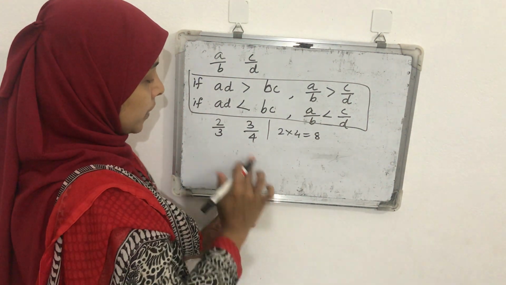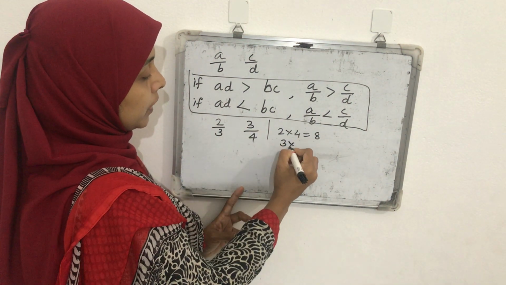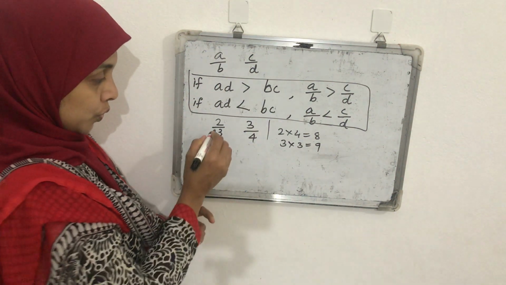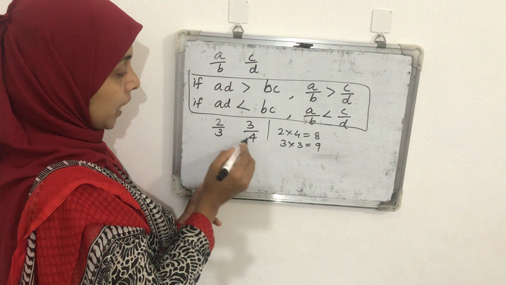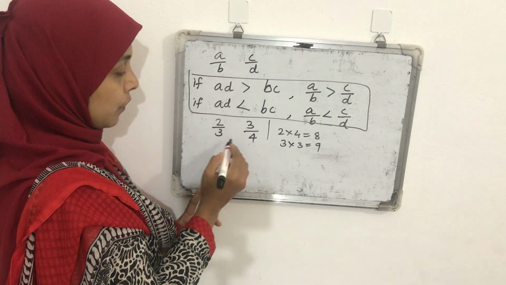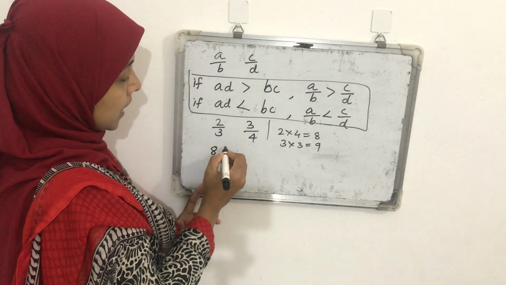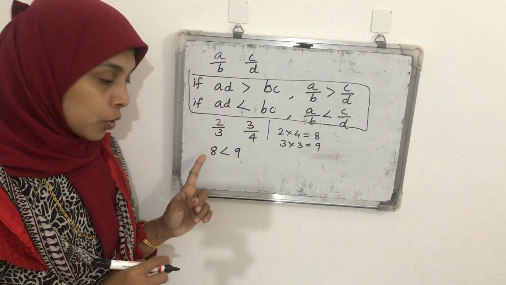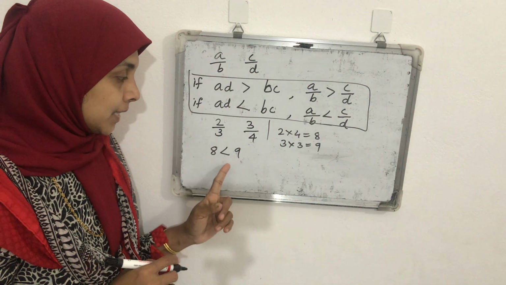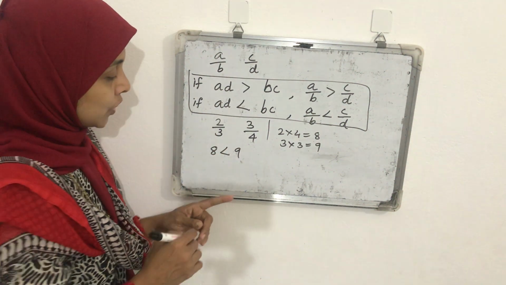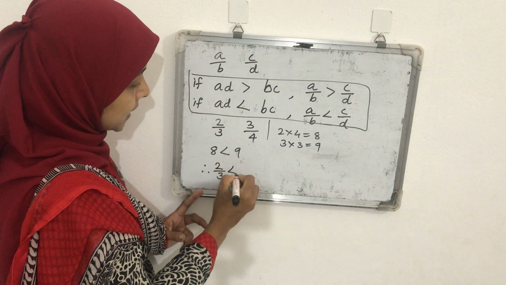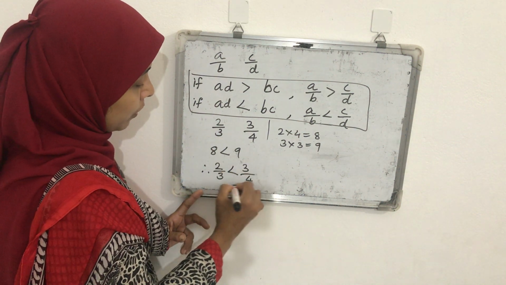Now 3 into 3 is 9. AD is 2 into 4, so 8 is less than 9. The cross product A into D is less than B into C. Therefore 2 by 3 is less than 3 by 4.